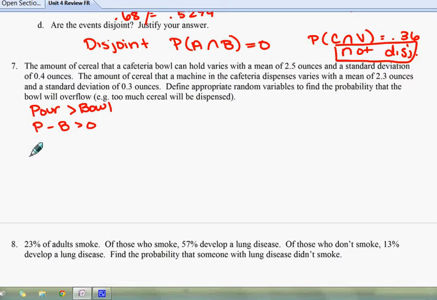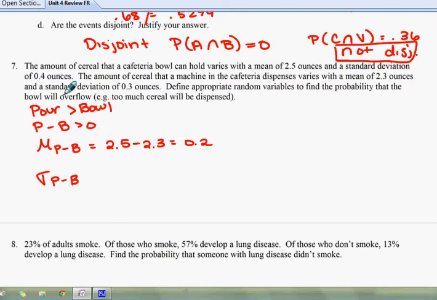So we're going to need to find the expected value of the pour minus the bowl and the standard deviation of the pour minus the bowl. Well, the expected value for this problem is going to be the expected value of a pour, which is 2.5, minus the expected value of the bowl, which is 2.3, which is 0.2.